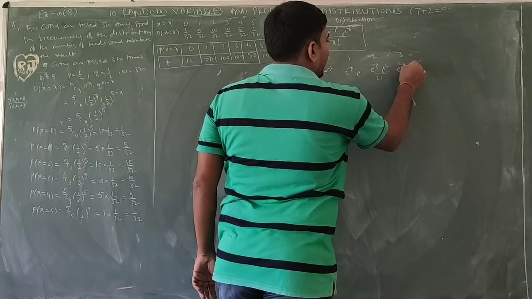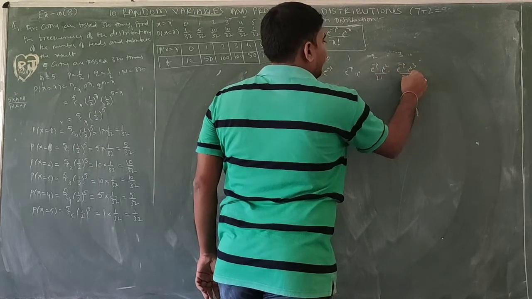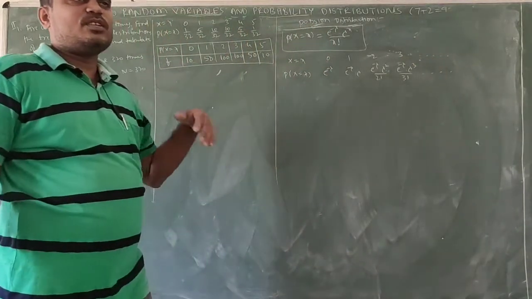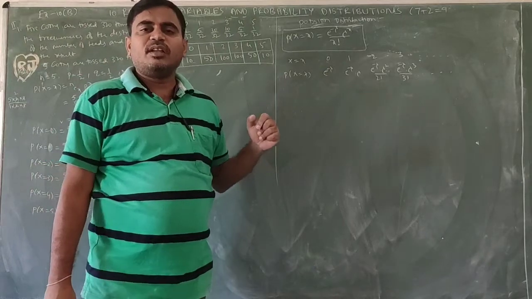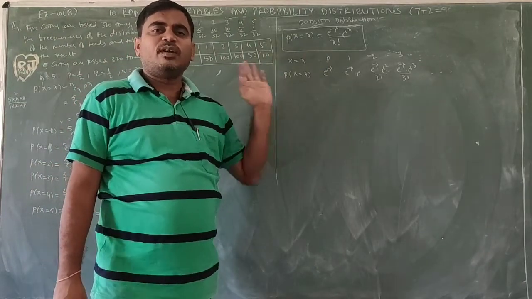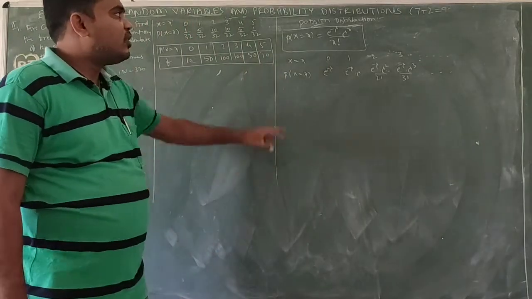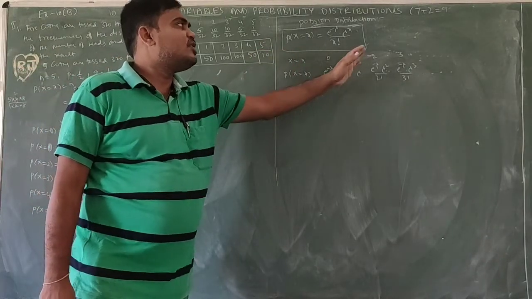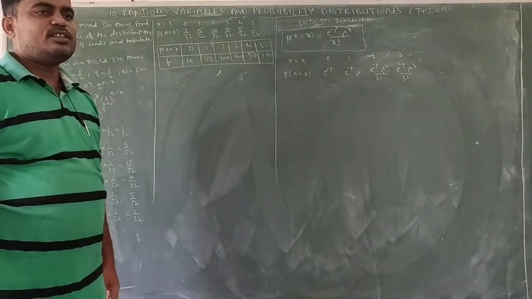For 3, e power minus lambda, lambda cube by 3 factorial, and so on. In the binomial distribution we know what the last value is, but in the Poisson distribution we don't know what the last value is. This kind of distribution is called the Poisson distribution.